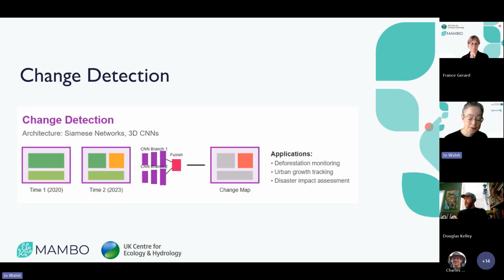There are change detection techniques where you've got a time series of images capturing the same area to be able to detect what's changed between them, and ideally also be able to characterize and say, there's more forest now, there's less road.